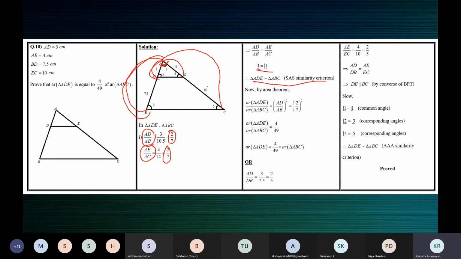So by area theorem, area of ADE by area of triangle ABC is equal to AD by AB the whole square. AD is 3, na? I've written 2.